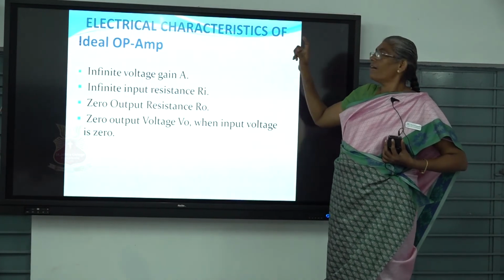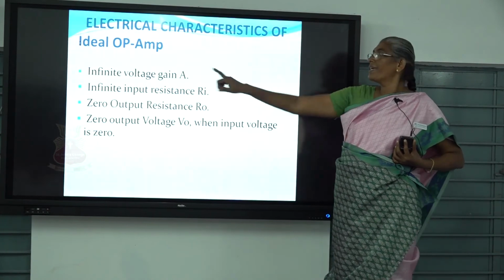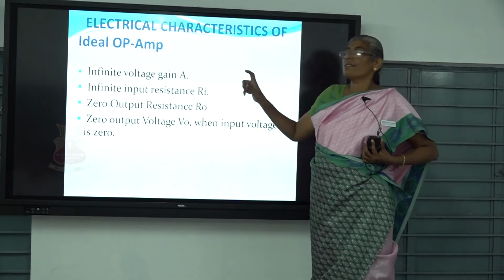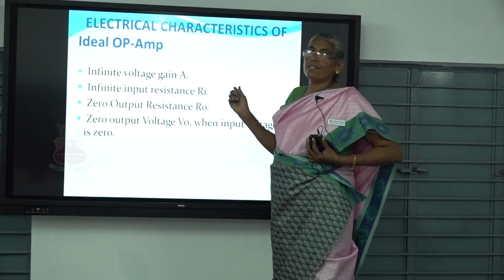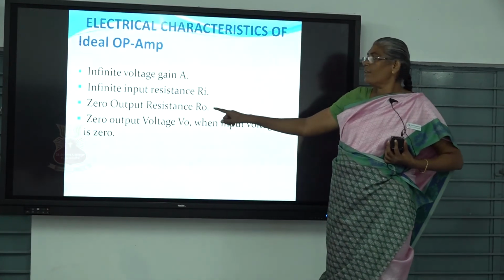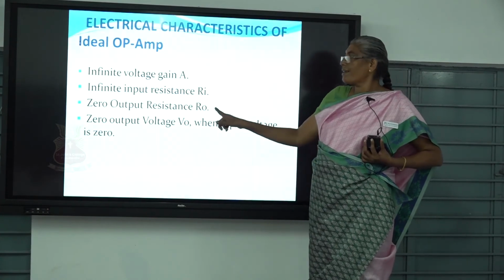In the ideal op amp we get very large voltage gain and infinite input resistance. Next, 0 output resistance R0.